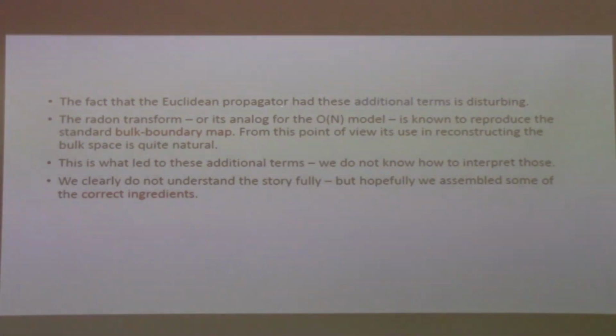From this point of view, its use in reconstructing the bulk space is quite natural. That's something which we are now proceeding to do for the SYK model and see how that works in that case. But it is precisely this procedure which led to these additional terms, and we do not know how to interpret those.